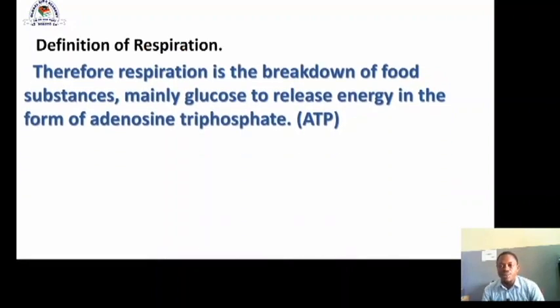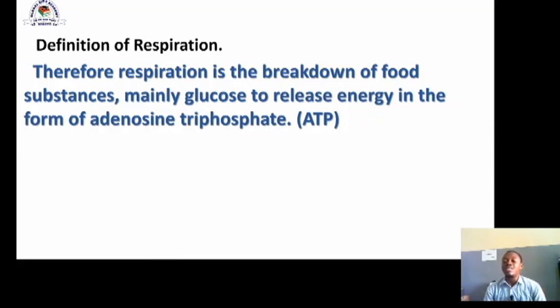Definition of respiration. Some of us mistake respiration to just be breathing or gaseous exchange. You'll see the difference today. Therefore, respiration is the breakdown of food substance. This food substance is mainly glucose, to release energy in the form of adenosine triphosphate. Some people don't even know the full meaning of ATP.